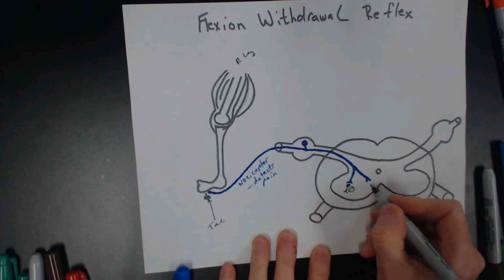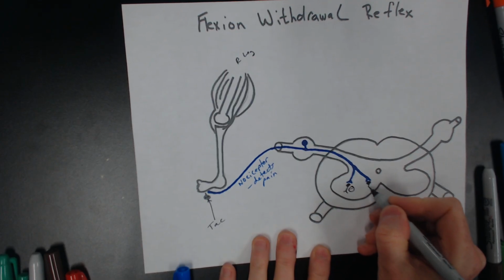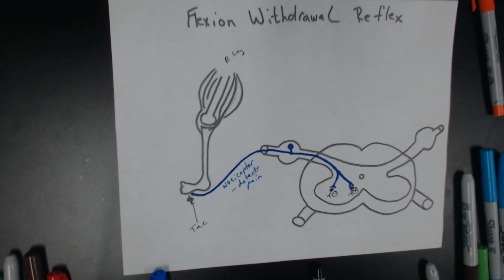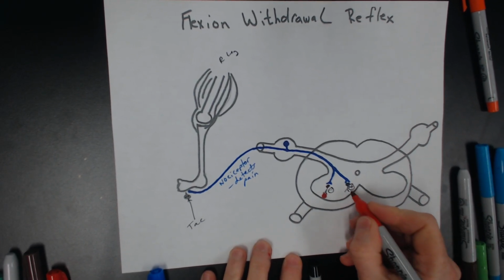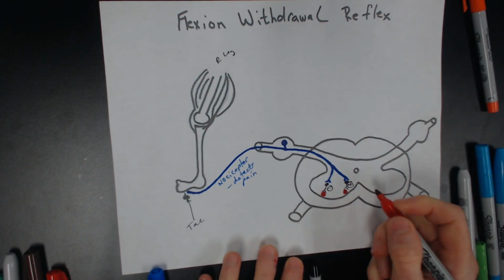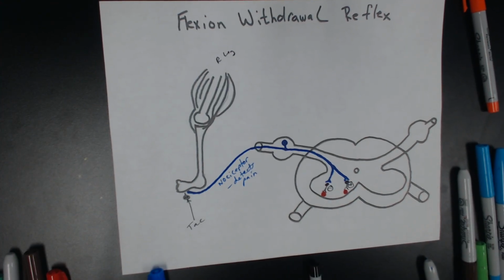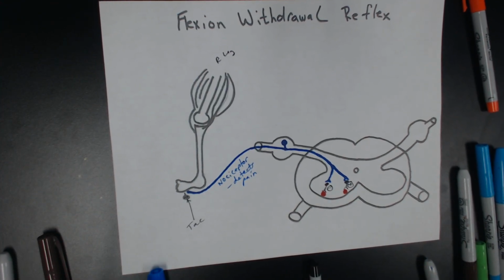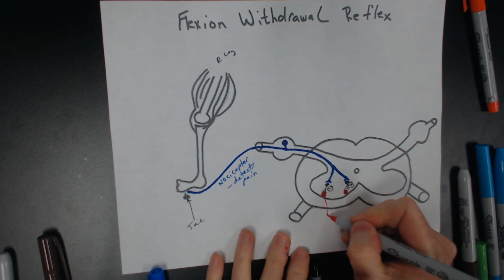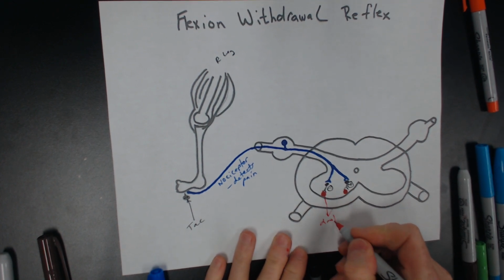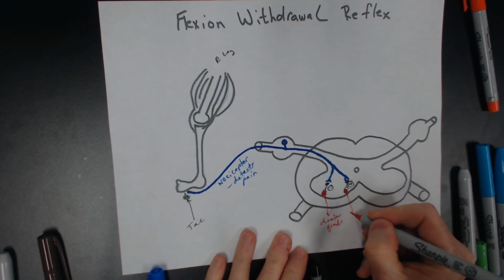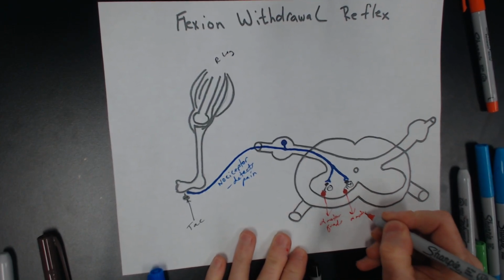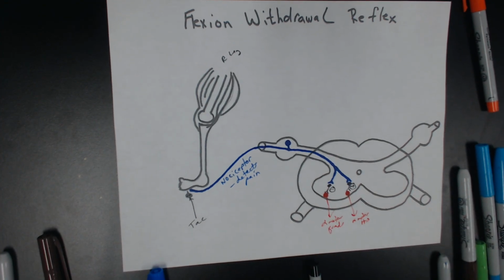So I want an inhibitory neuron interacting with my alpha motor neuron for my quads, and I want a stimulatory neuron to pull away from that tack, interacting with the alpha motor neuron for the hamstrings. So this is alpha motor quads, and this one's going to be alpha motor hamstrings.